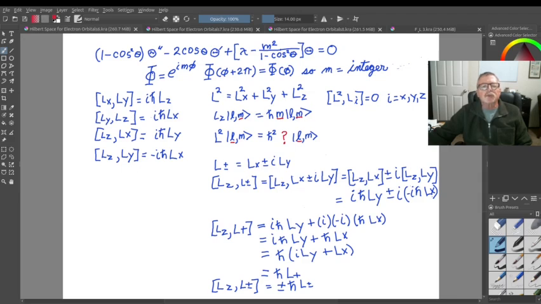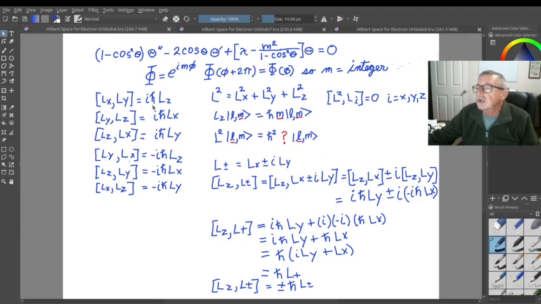So if that's true, then m has to be an integer. These commutation relations are exactly the same form as the spin. So if you haven't watched that video on spin commutation relations, then this may not make much sense to you. I'm drawing on a lot of stuff here because we're getting towards the end and all these pieces are coming together.